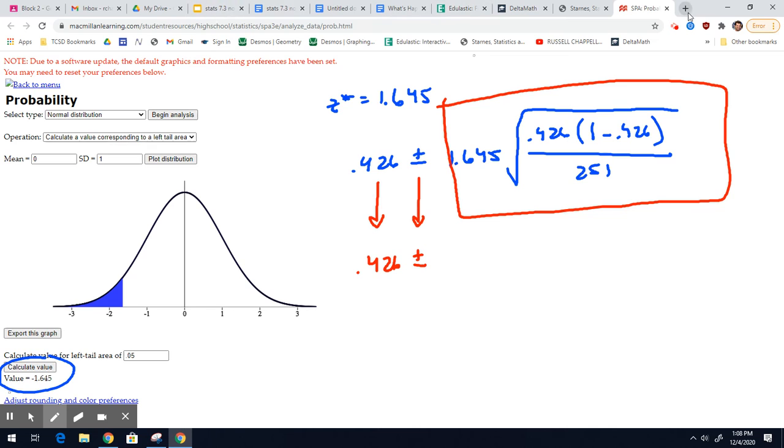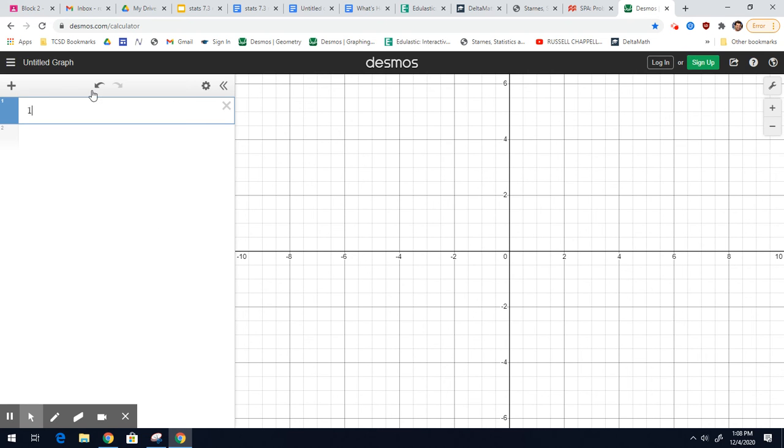So when I go there, I'm going to type in 1.645 square root fraction bar, 0.426 times 1 minus 0.426, close parenthesis, all over 251.